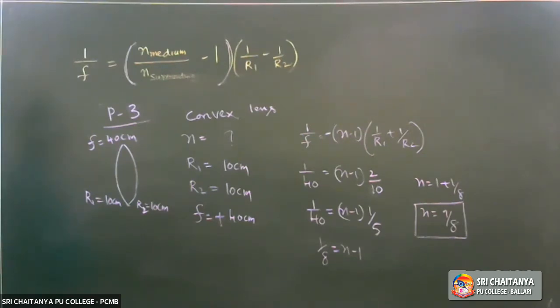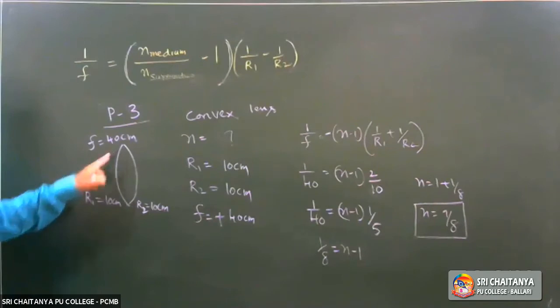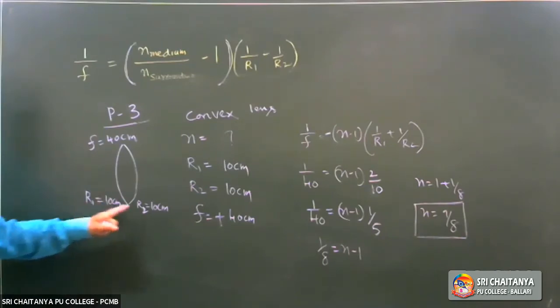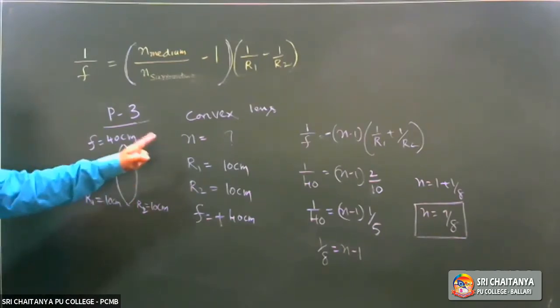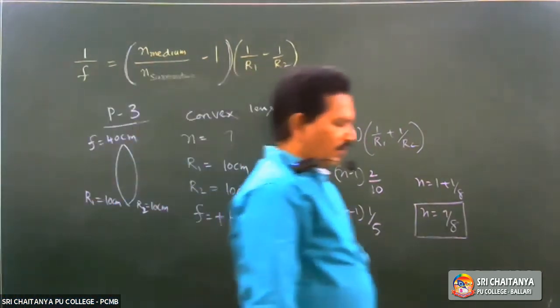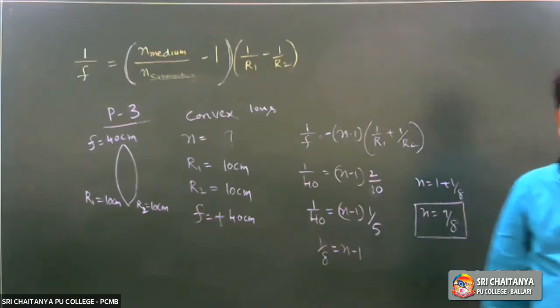What is given in this problem? The focal length of the lens 40 centimeters. Radius of curvature for both of them is the same. Equiconvex lens, 10 centimeters, 10 centimeters. You are asked to calculate the refractive index of the material of the lens.